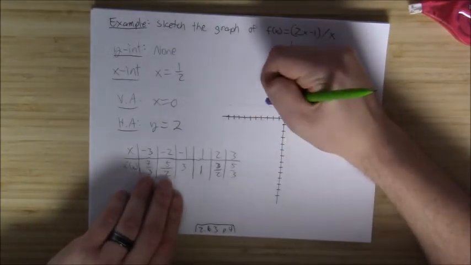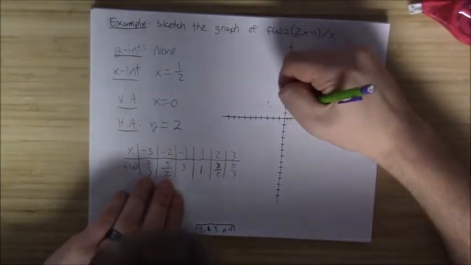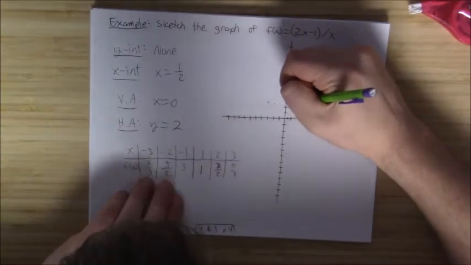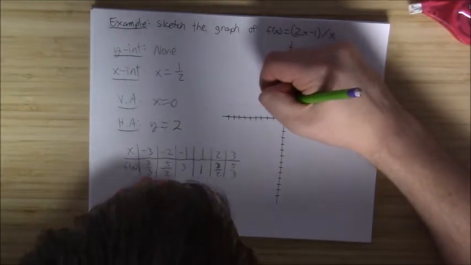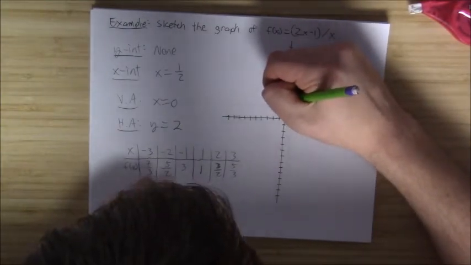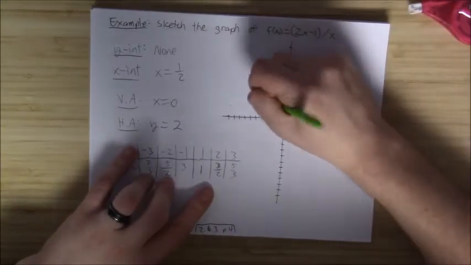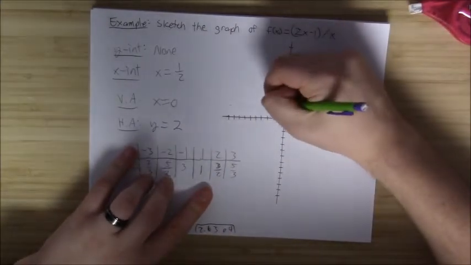So if that's thirds and that's halves, that would be about there, but this would be a little bit higher up. There we go. Sorry about that.